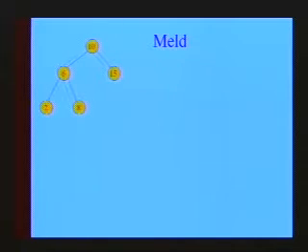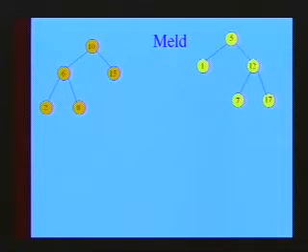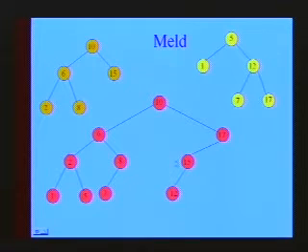So, for example, if you've got these two binary search trees and you want to meld them into one, so you want to create a new binary search tree, it would look like this.